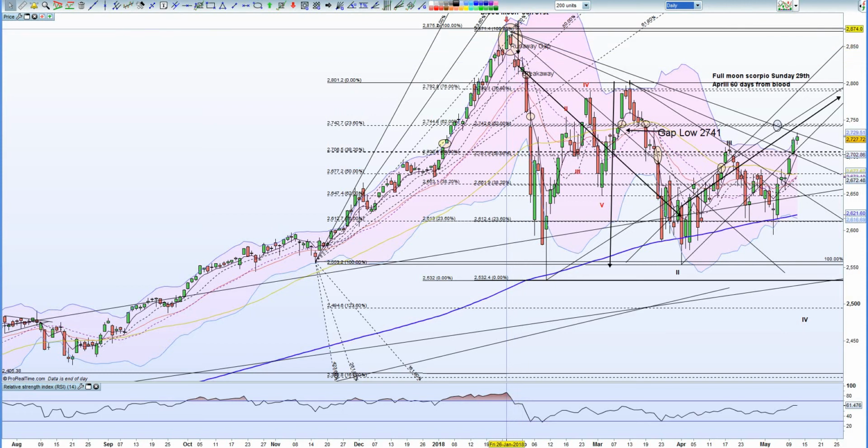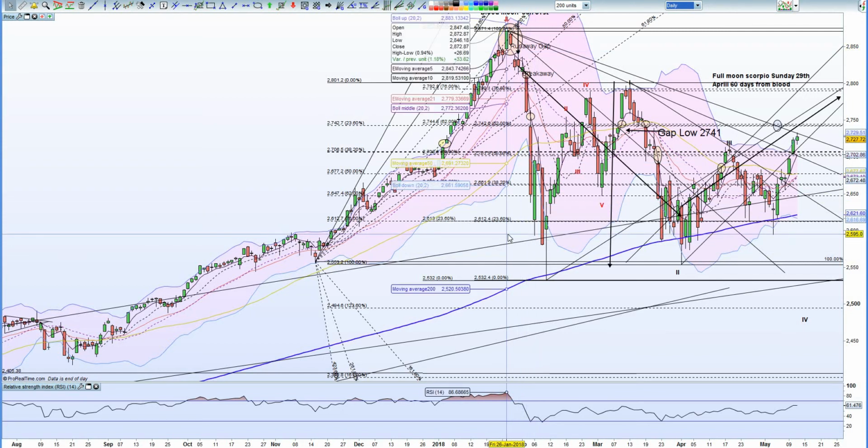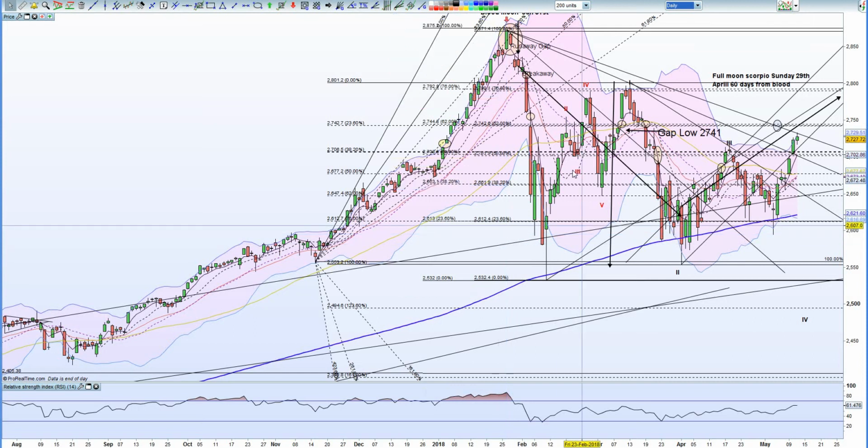Supposedly the reason that caused the initial panic sell down from late January through early February was when the 10-year yield reached over 270 basis points, and that caused a panic in the market.